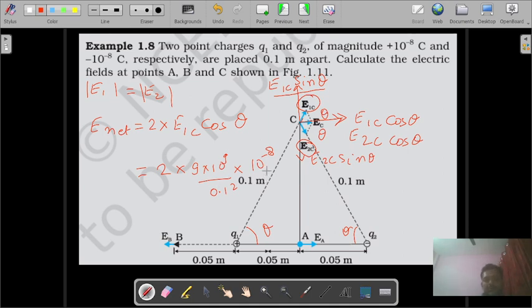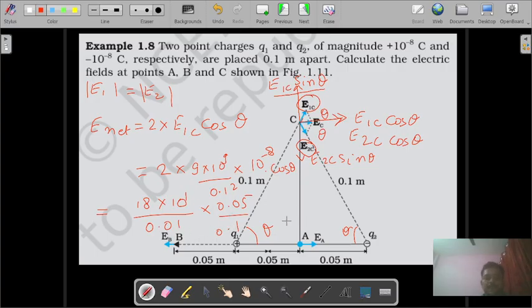Now you have cos theta, so we write here cos theta. This value you obtain here 18 into 10 to the power 1 divided by 0.1 squared, so it's 0.01, times cos theta, and cos theta is base over hypotenuse, so it's 0.05 divided by 0.1.